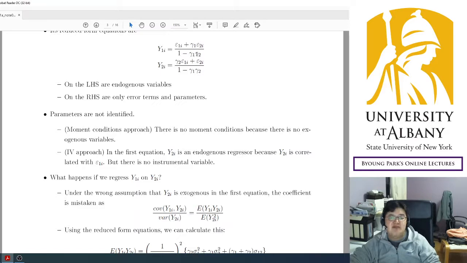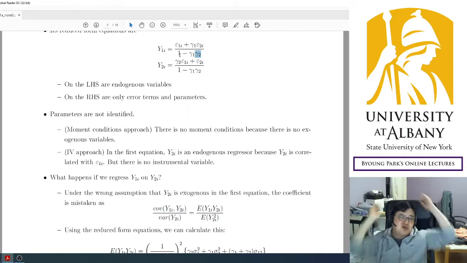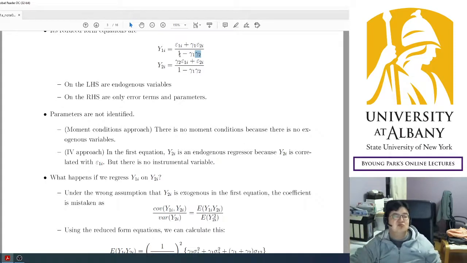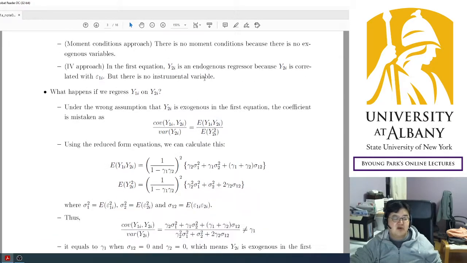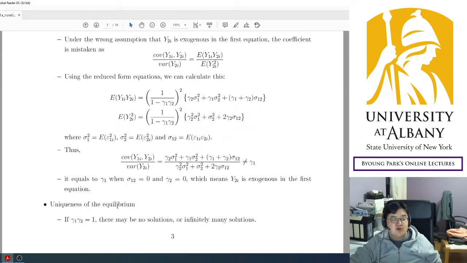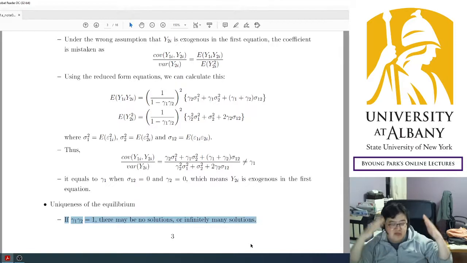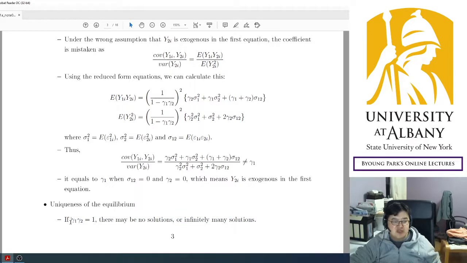If gamma 1 times gamma 2 equals 1, then they go to infinity at the same time. So then there is no solution, no equilibrium. Therefore, we will maintain this assumption. When you state the system of equations, you have to put this as an assumption. Otherwise, there may be no equilibrium, or the equilibrium may be infinite.